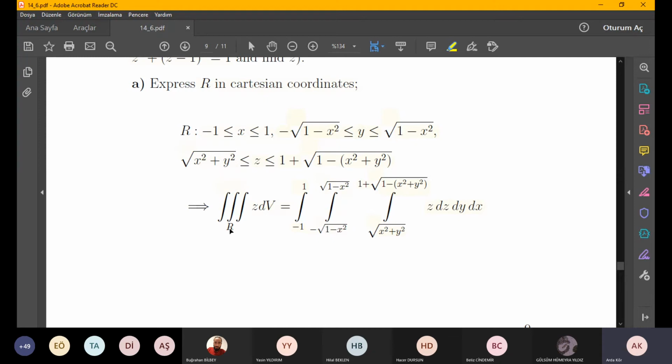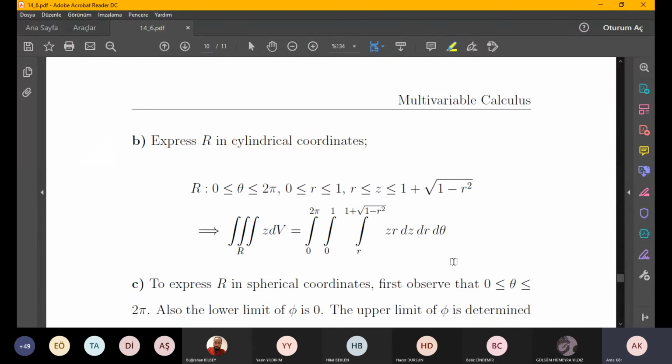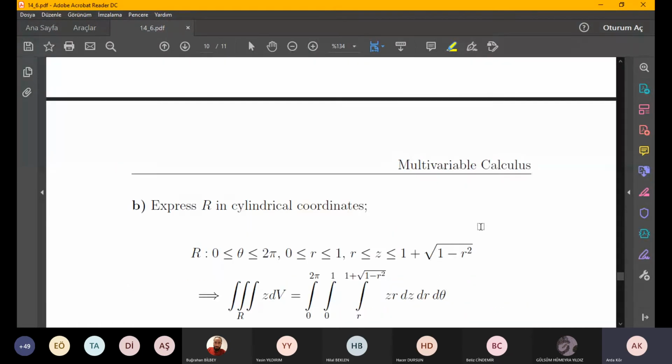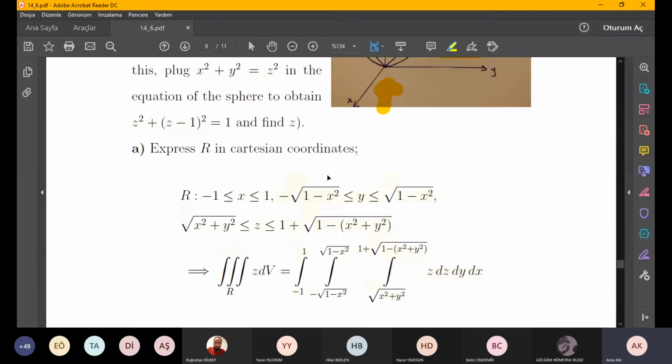Now we will try to express the same triple integral in cylindrical coordinates. Just by looking at the sketch, we need to find theta, r, and z.